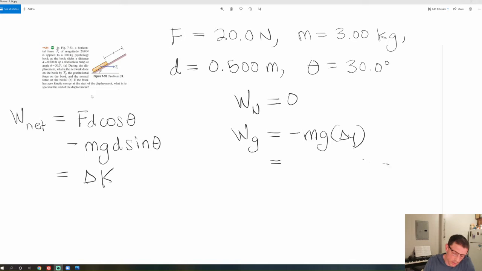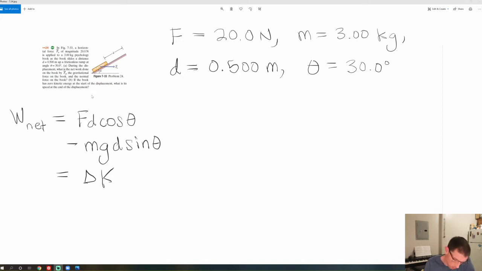And all we're going to do then is just write out what the change in kinetic energy is explicitly, right? That's it. So get rid of all that, and what we find is, first of all, it says in the problem statement that the book had 0 kinetic energy at the start of the displacement, right?